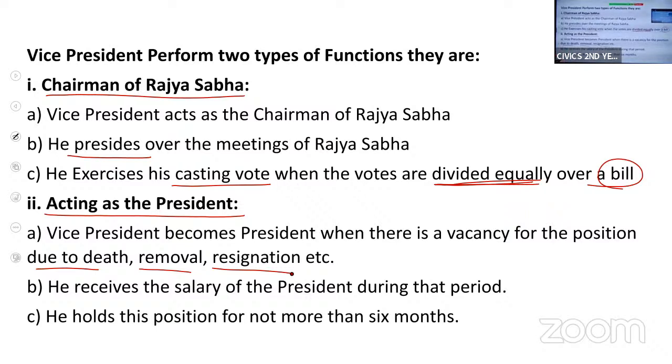When he is acting as a president, he enjoys all the powers of the president and receives the salary of the president. But he can hold the position for not more than 6 months. He has got only 6 months.